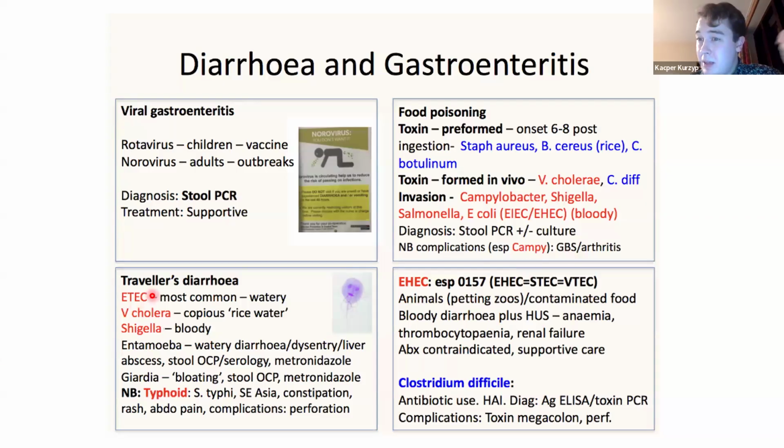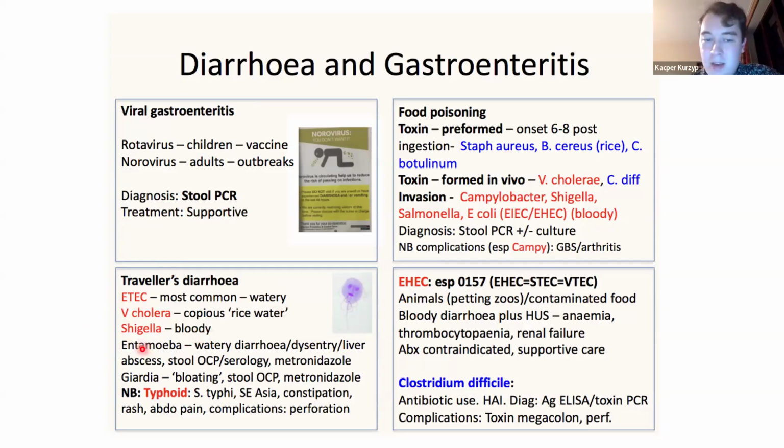Traveler's diarrhea, we may experience it at some point, any of us. You have your E. coli, which is the most common cause, which would be just watery diarrhea after drinking tap water in the Philippines or wherever else. You have your cholera, we've discussed it, and Shigella with diarrhea with blood and mucus.